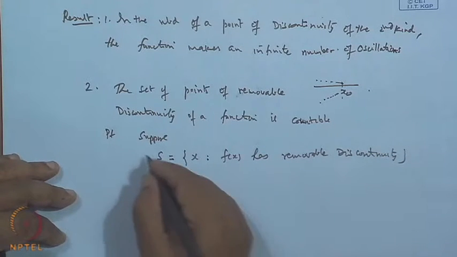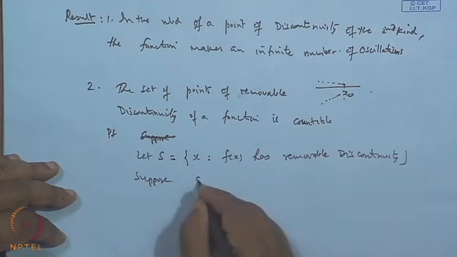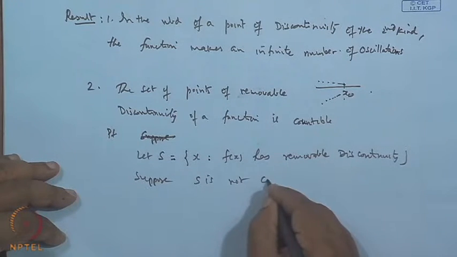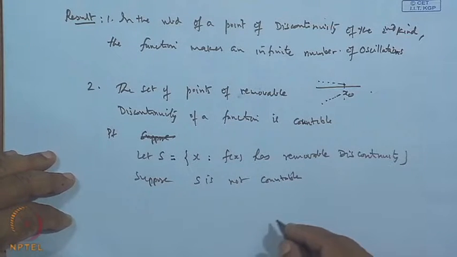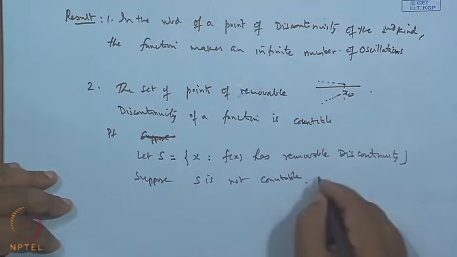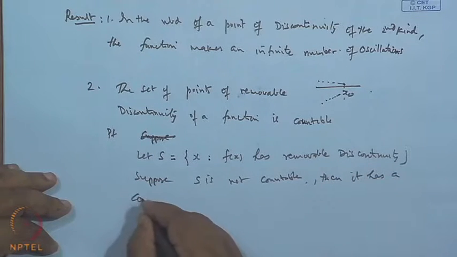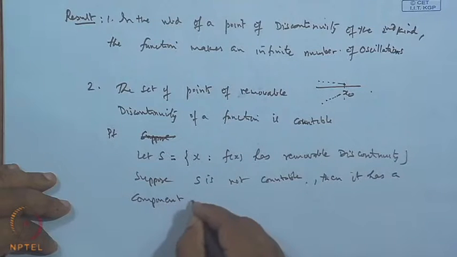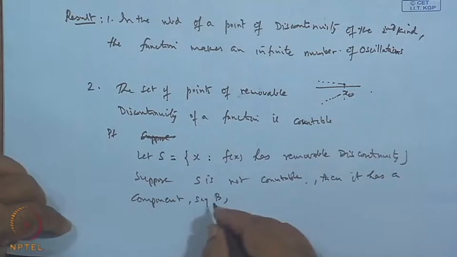Let S be this. Suppose S is not countable. Then it has a component, say B, which is dense in itself.